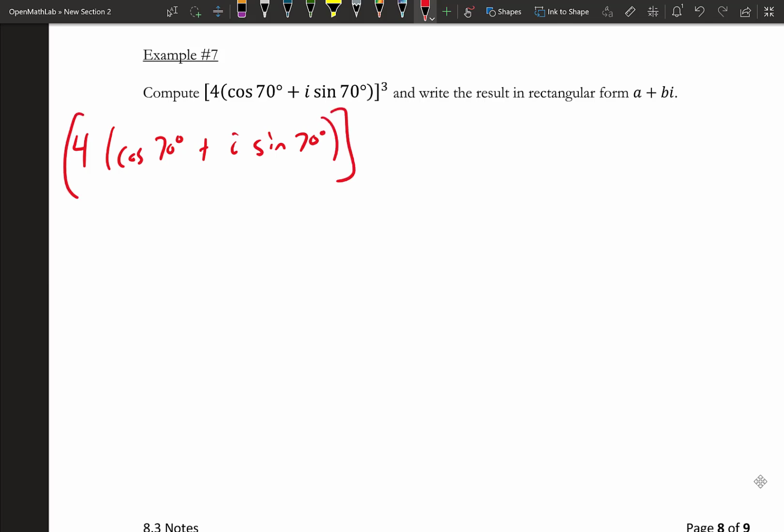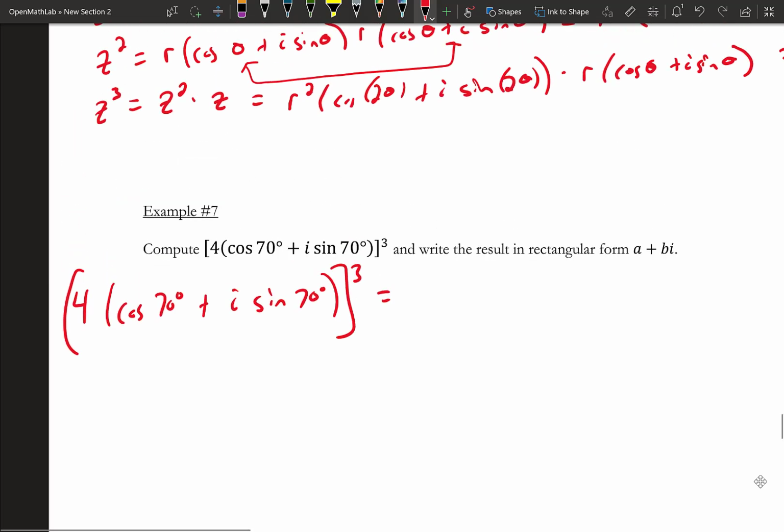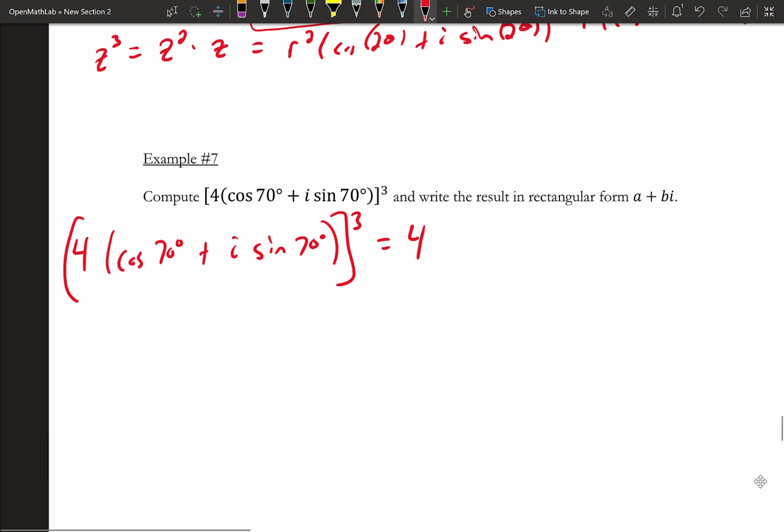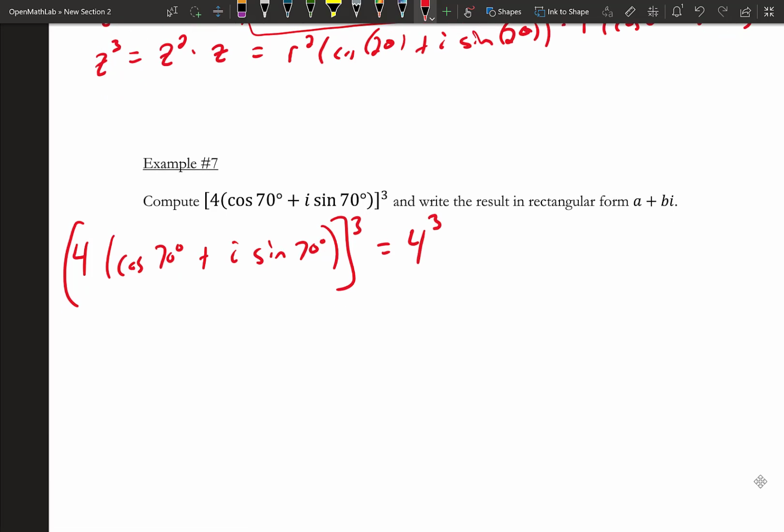If I cube that, using the formula above, we take the r value, which is 4, raised to the n power, which is 3. In other words, this is r, this is theta, and n is 3. r is 4, theta is 70 degrees.